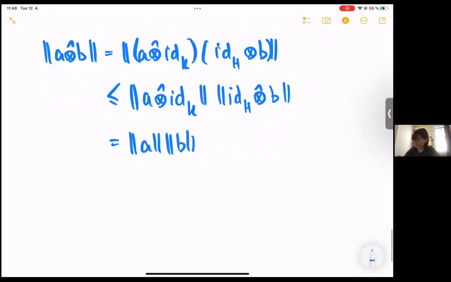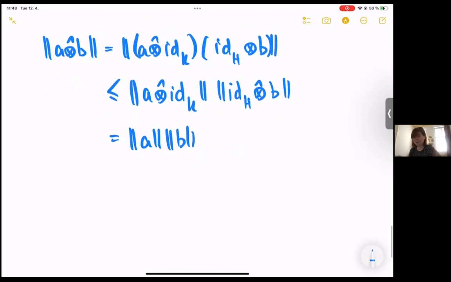And this is isometric, so that's just the norm of A times the norm of B. Okay, so we need to show the bound in the opposite direction.